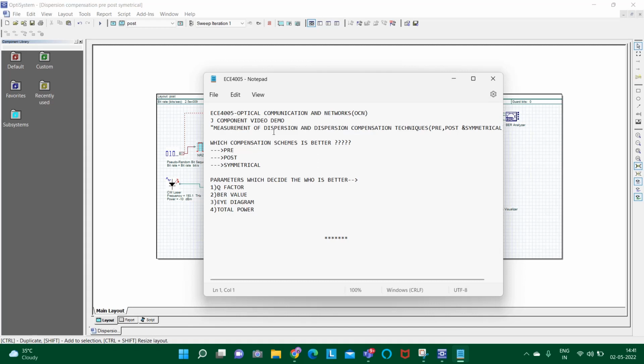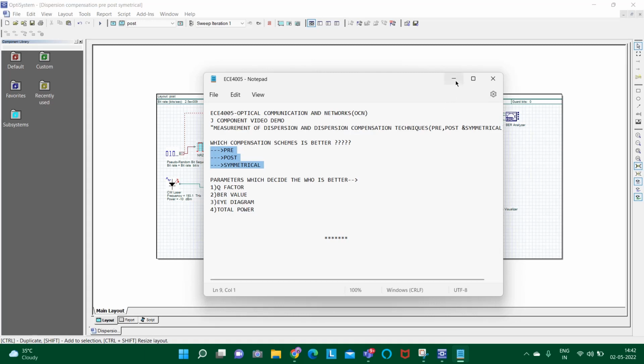Over a long distance the cumulative dispersion goes very high, and in order to compensate it we use a compensation module, or basically the compensated fiber. We have to compensate this dispersion using the following techniques. First is pre, second is post, and third is the symmetrical scheme.